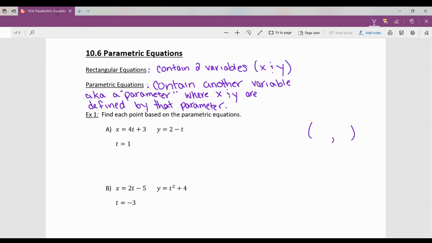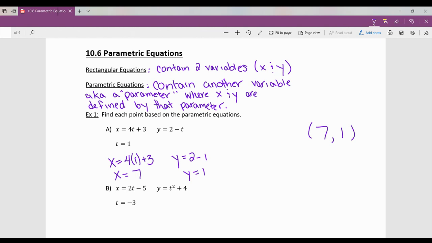So I'm going to take t and plug it into the x one. x equals 4 times my t, which is 1, plus 3. So my x is 7. And then my y is 2 minus my t, which is 1. So y is equal to 1. So my point is 7, comma 1.